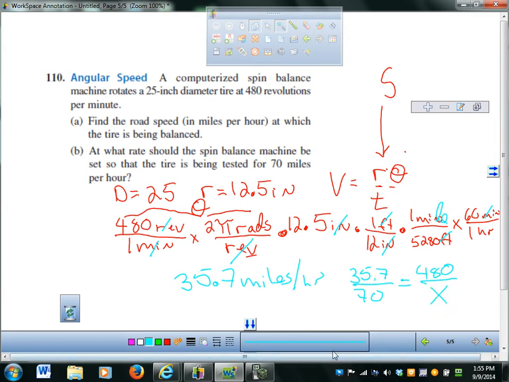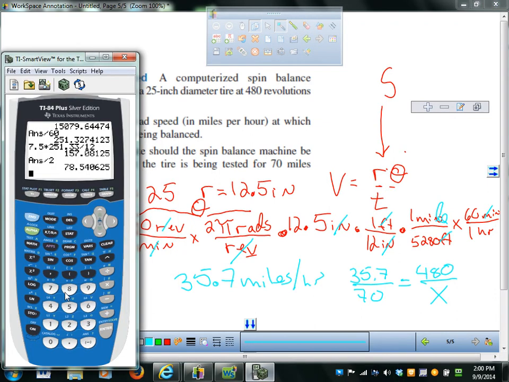So cross multiplying and dividing, I'm just going to do that on my calculator really quick. Whoops, I'm in a rush. I wanted to multiply 70.